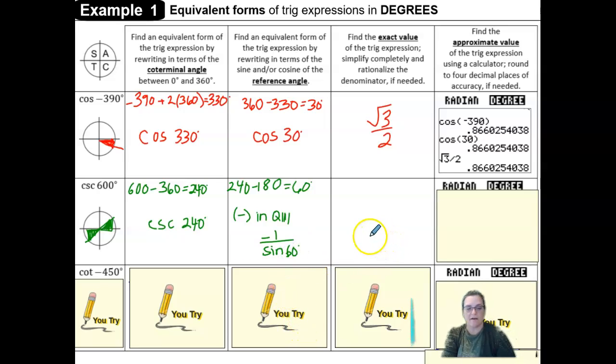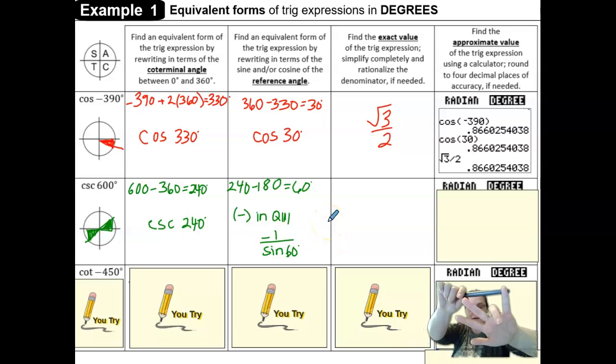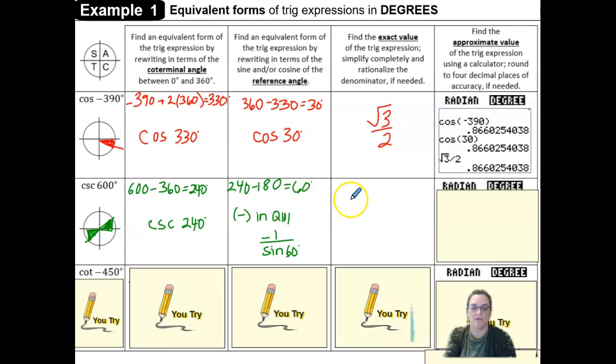So using our first quadrant hand trick, 60 degrees is our ring finger, so we bend that. The cosine is the 1 up above, which is 1/2. The sine is the 3 fingers underneath, which is 3, to remind us that the sine is square root of 3 over 2. So we would have negative, and then reciprocal of square root of 3 over 2 would be 2 over the square root of 3.